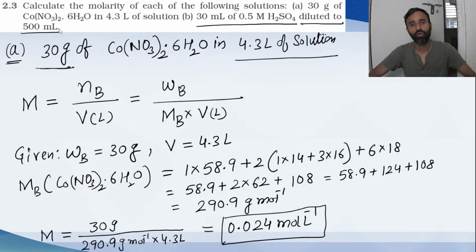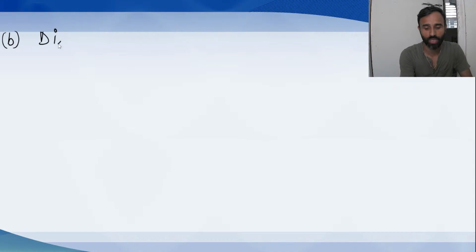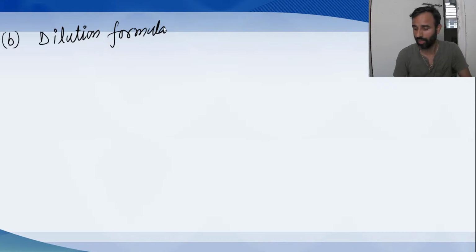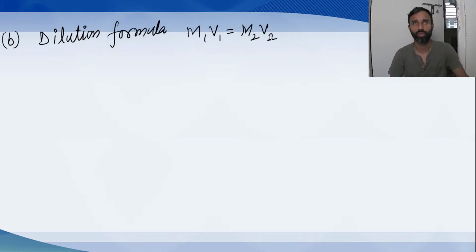So here we can use the dilution formula. What is the dilution formula? The dilution formula is M1 V1 equal to M2 V2.